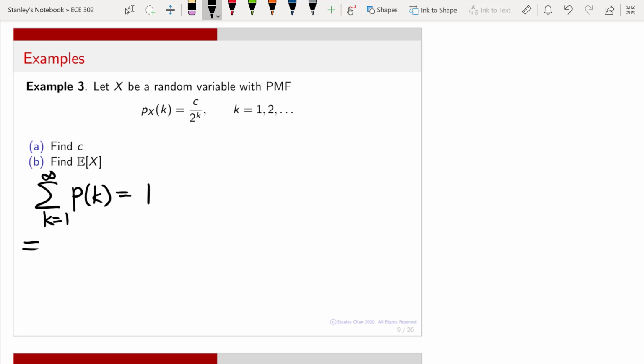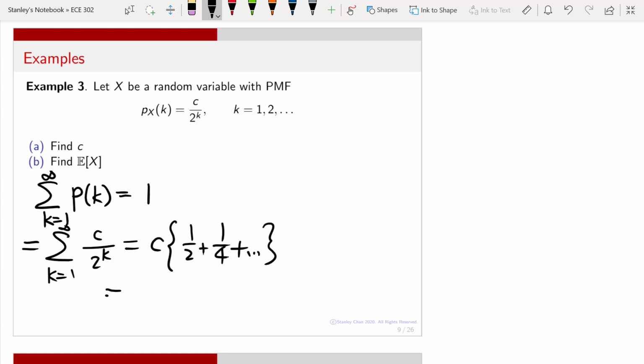Now, if I plug in this equation, then I have the sum with k going from 1 to infinity of c divided by 2 times 2 to the power k. This is just c/2 times (1/2 plus 1/4 plus ...), which can be simplified as c/2 times (1 plus 1/2 plus etc.).